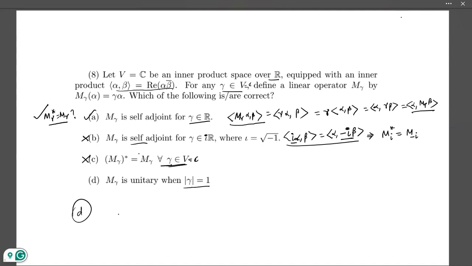Let's see. M gamma is unitary. We want to prove, for gamma in the unit circle in C, that M gamma star M gamma is equal to identity. So let's say M gamma of alpha, beta is equal to gamma alpha beta, right? If it is in the first coordinate, gamma will go out.